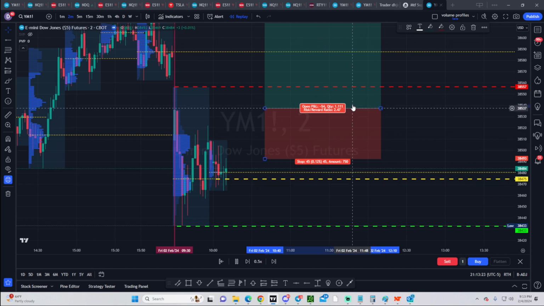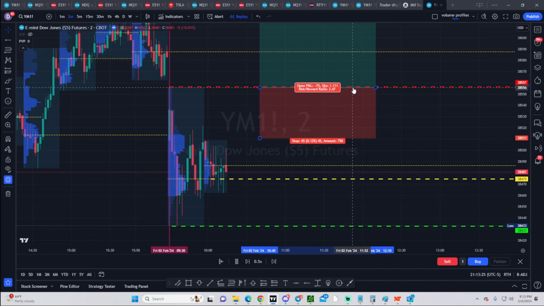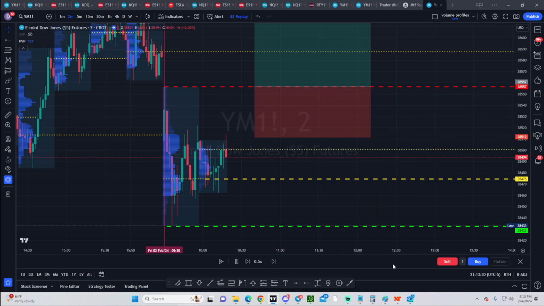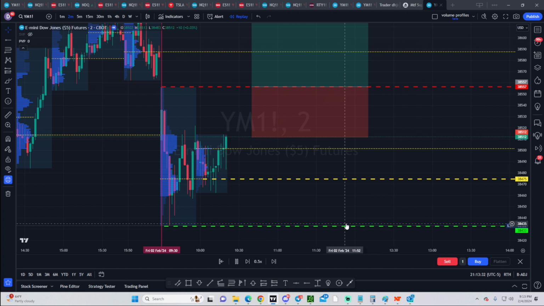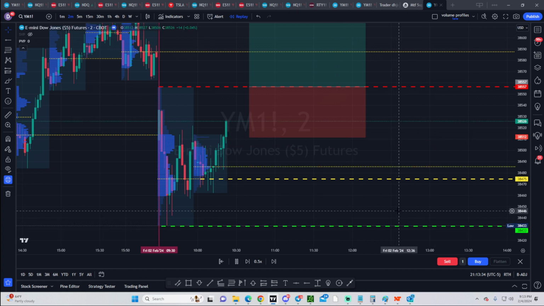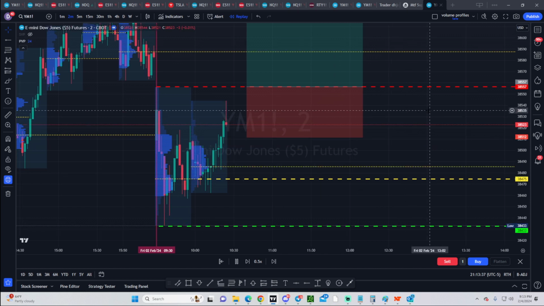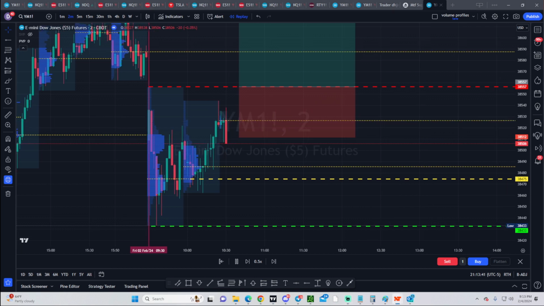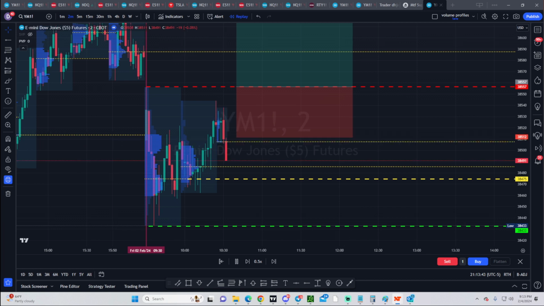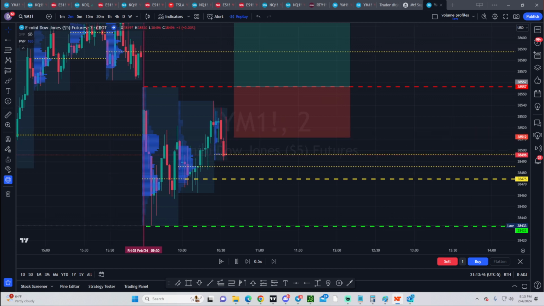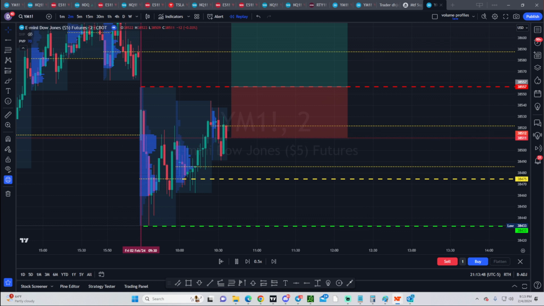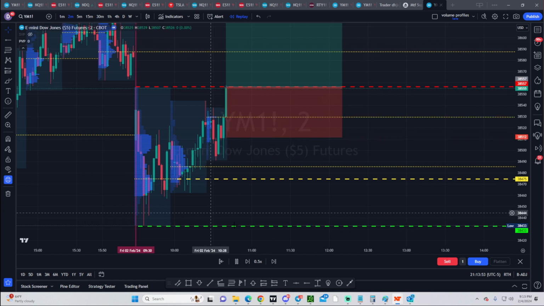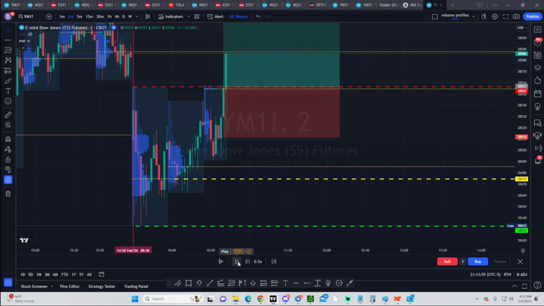So this trade should go here. So we're looking for a breakout of this level or this level here. It just happens that I already know which way it's gonna break. So here's the breakout.